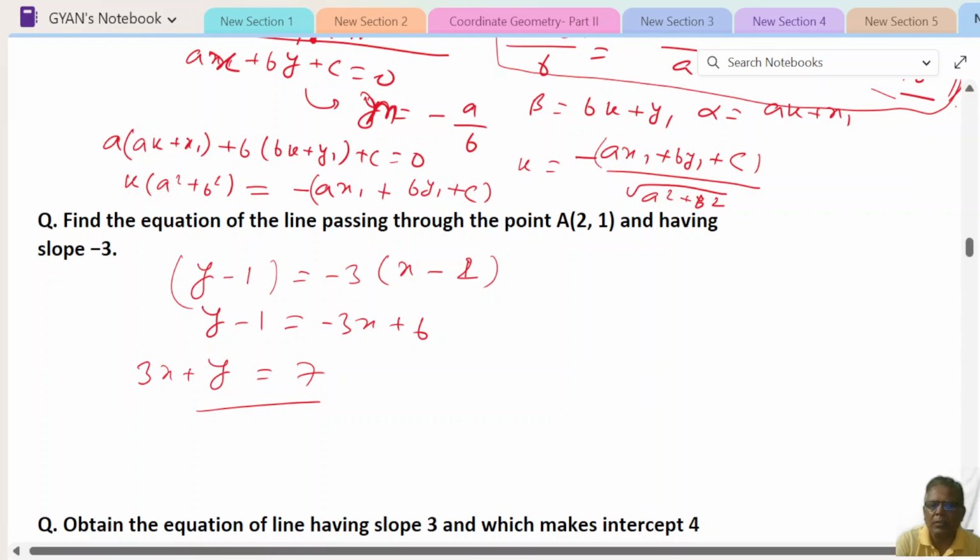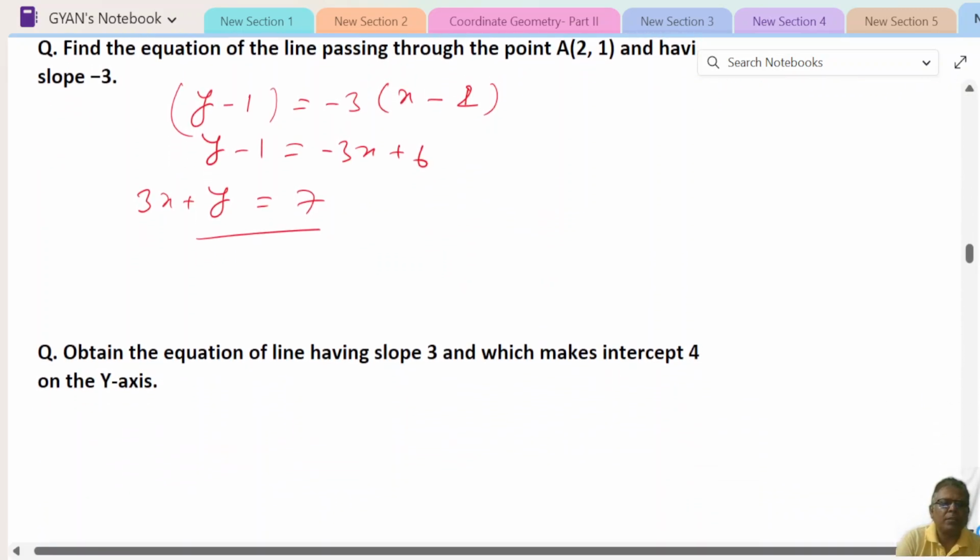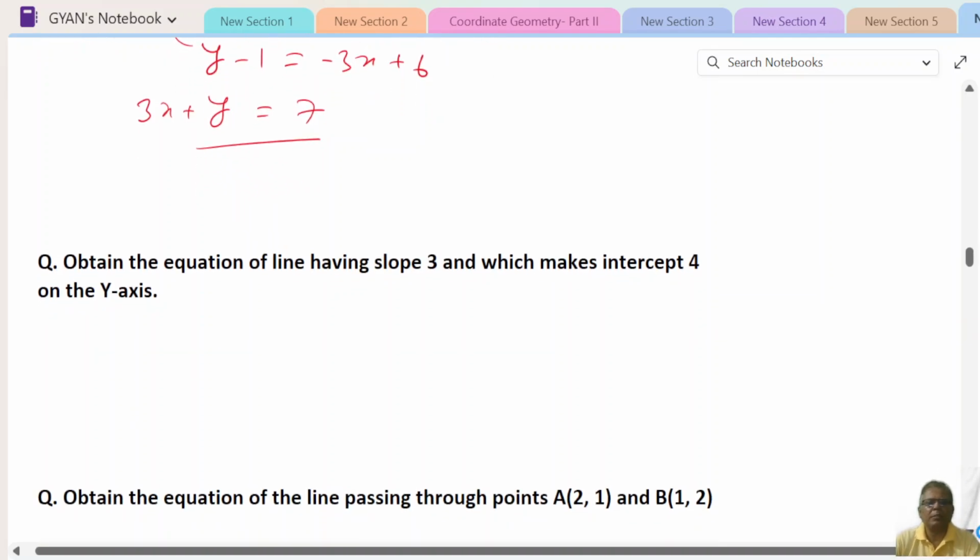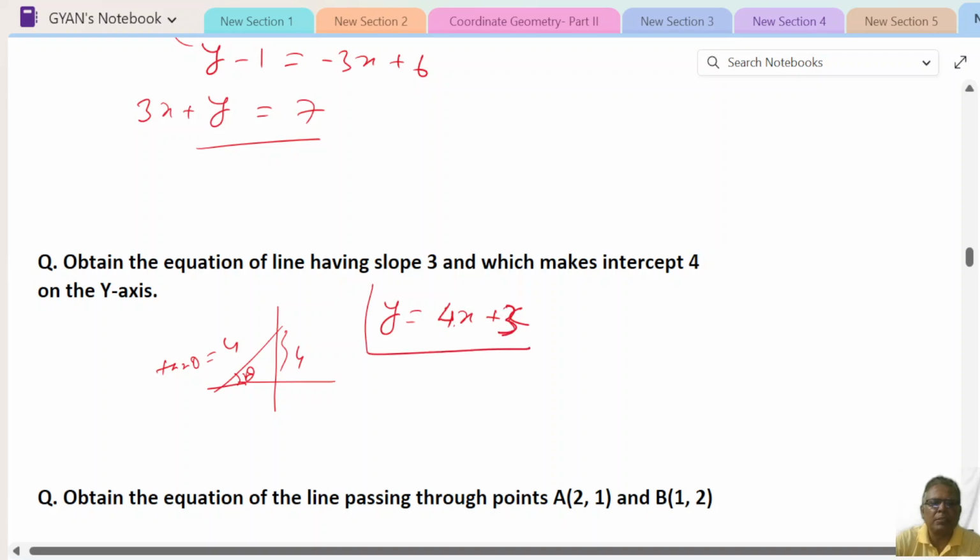Now come to the next question. Obtain the equation of the line having slope 3 and making intercept 4 on the y-axis. Using y is equal to mx plus c, c means 4 and m means 3.